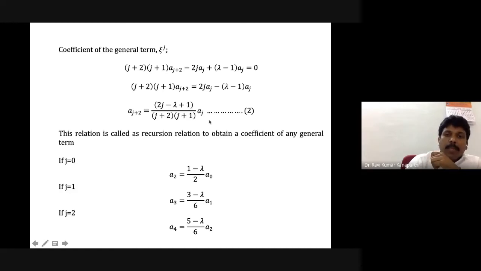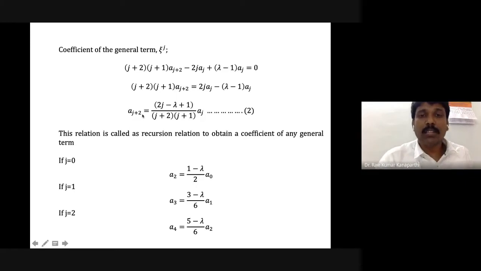If I know exactly what a_0 is, then all the even terms can be calculated. If I know a_0, then a_2 can be calculated, and if I know a_2, a_4 can be calculated, and if I know a_4, then a_6 can be calculated. So this actually continues.